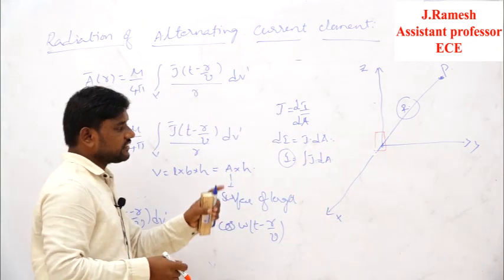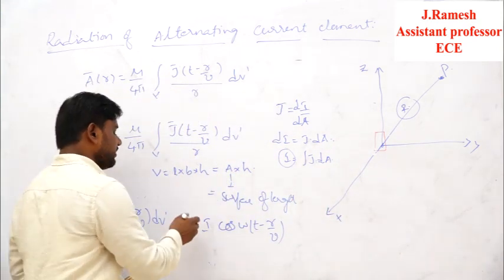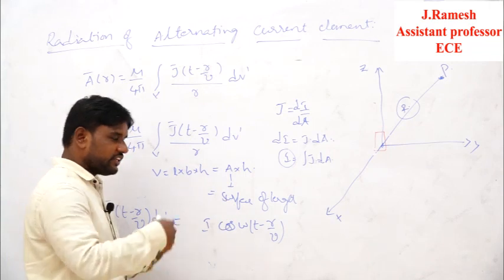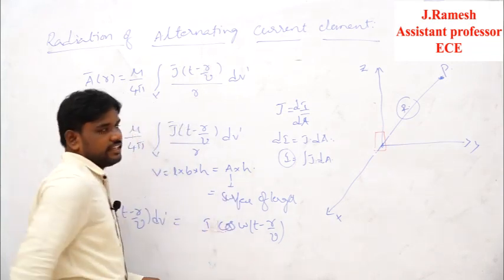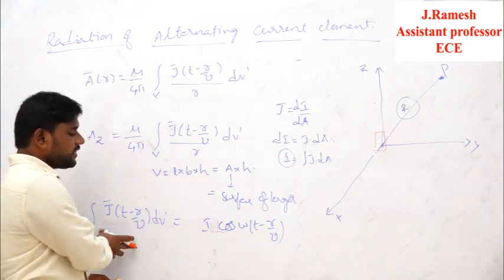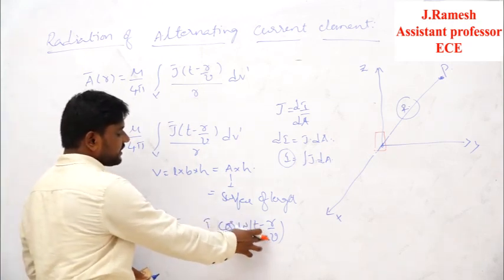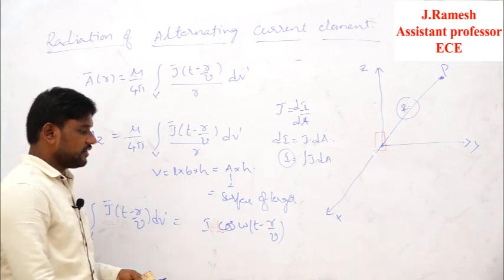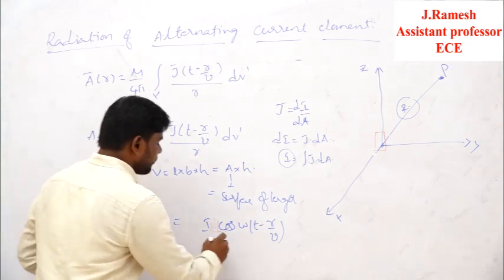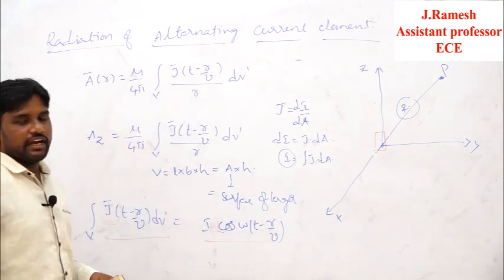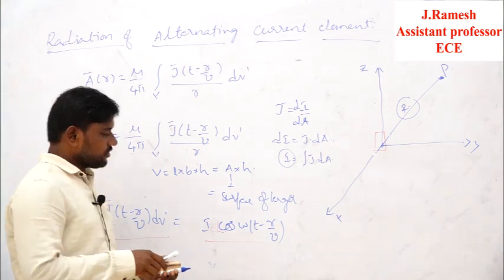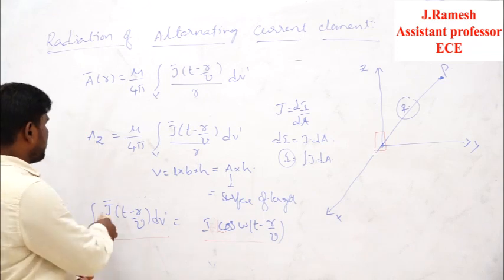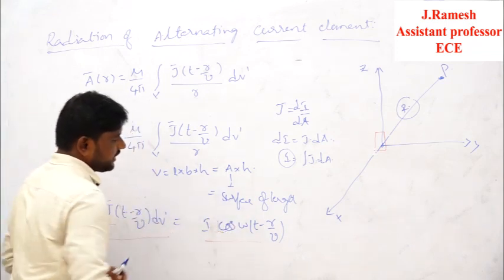So whenever the length is constant, whenever you are taking with respect to dl, everything is a constant. So simply I can include this as I dl. So the entire volume integral becomes the surface integral multiplied with the line integral. So now I can equate this entire volume integral to I dl cos omega t minus r by v. So now the entire volume integral is converted into the normal integral.